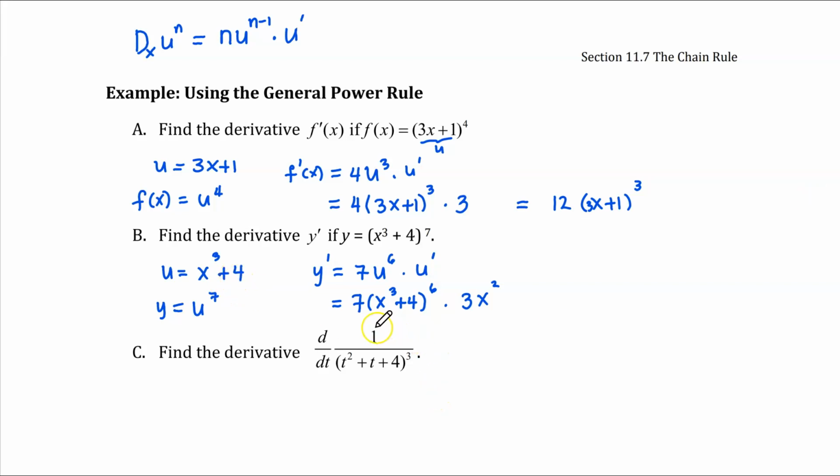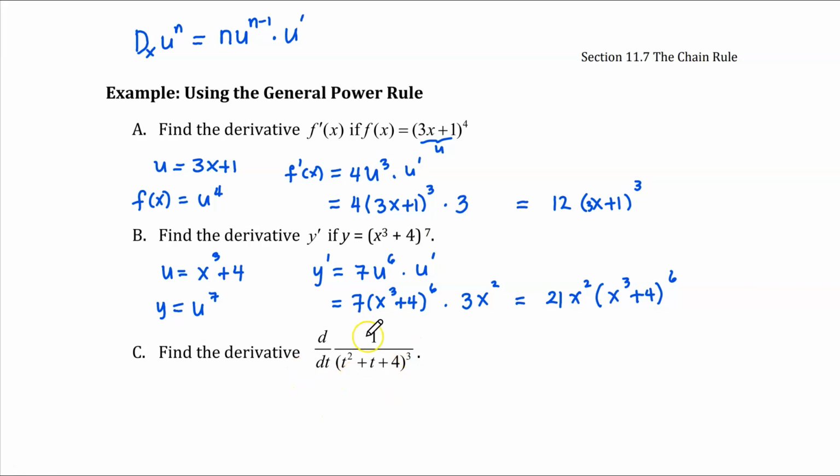So when doing your homework, you can write your answer like this. This will be sufficient. Or you can further simplify this by combining similar terms and multiplying the constants. You have 21x squared times (x cubed plus 4) to the 6th.